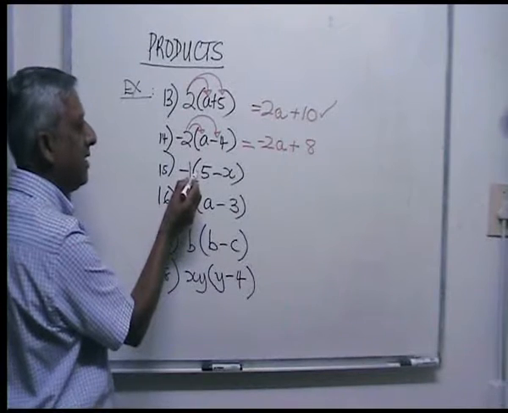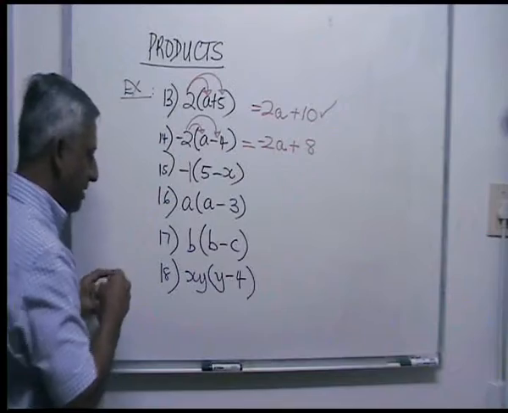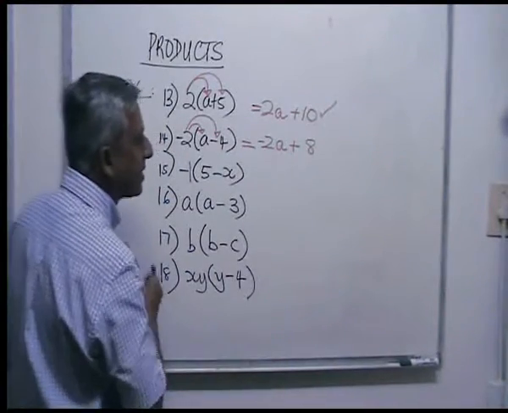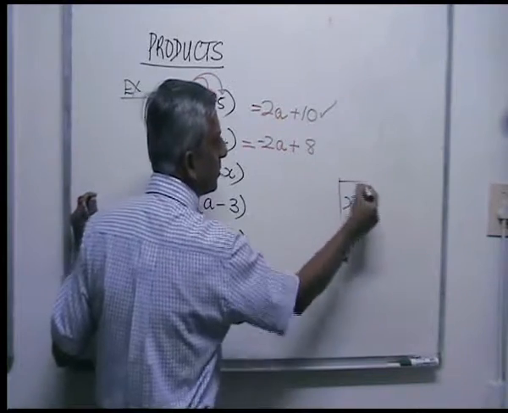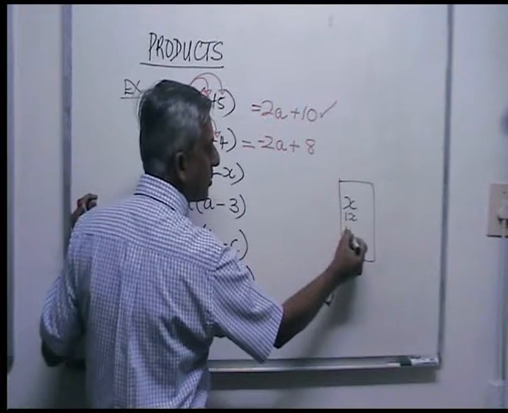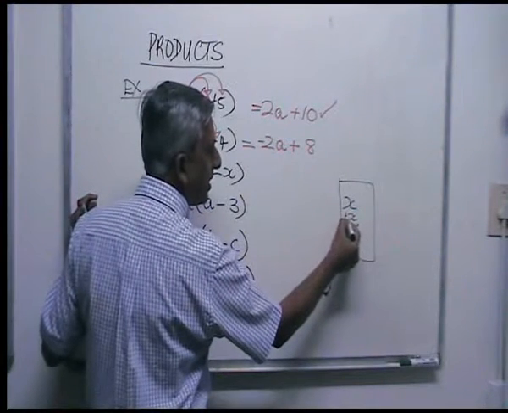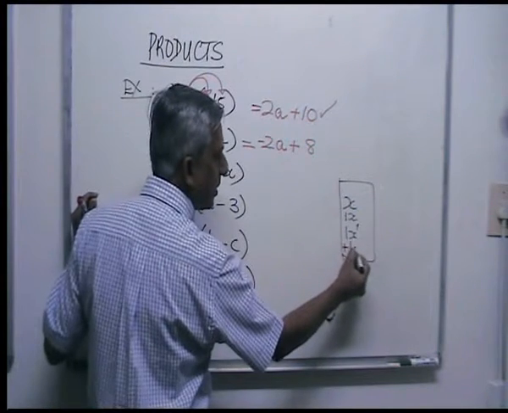No plus is written here. The plus is understood. So you see, in maths, you must understand that if I give you x like this, then it is really 1x. It is also 1x to the 1. This 1 is understood. That 1 is understood. Even the plus sign is understood.